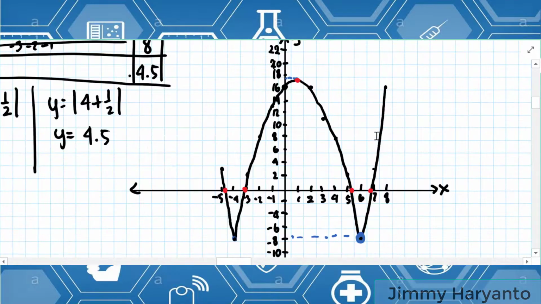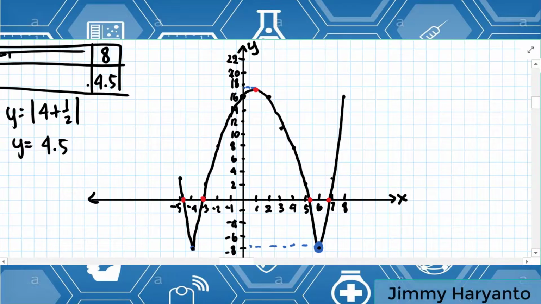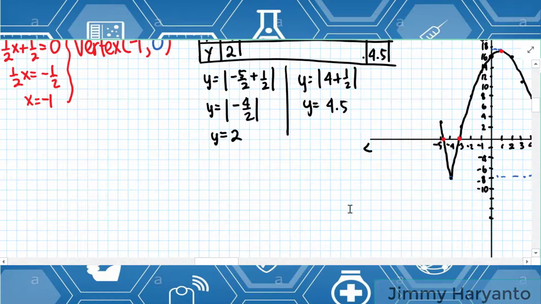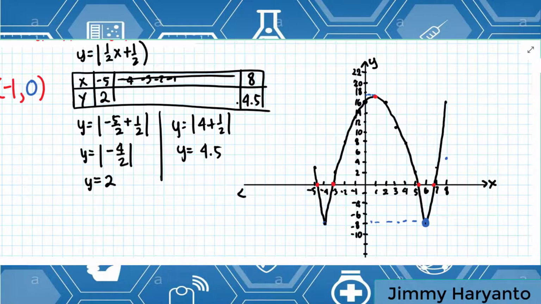Next we have to plot on the same graph. So we have 8, 4.5. 8, 4.5 is right here. And then negative 5, 2. Negative 5, 2 is right here.